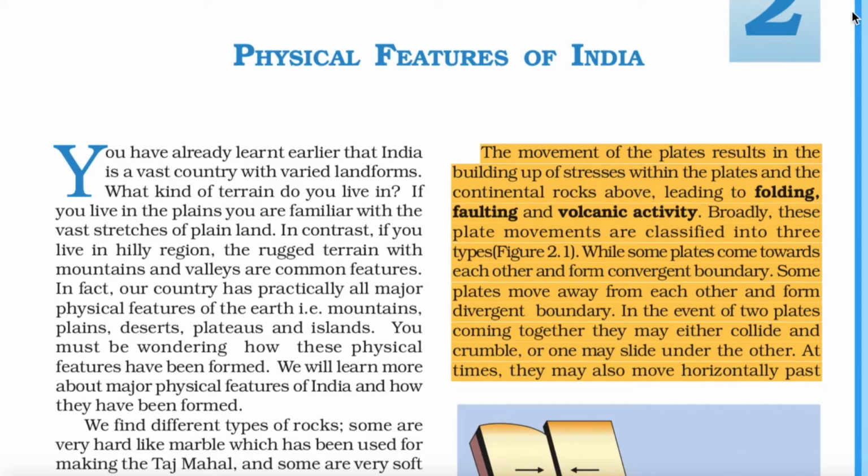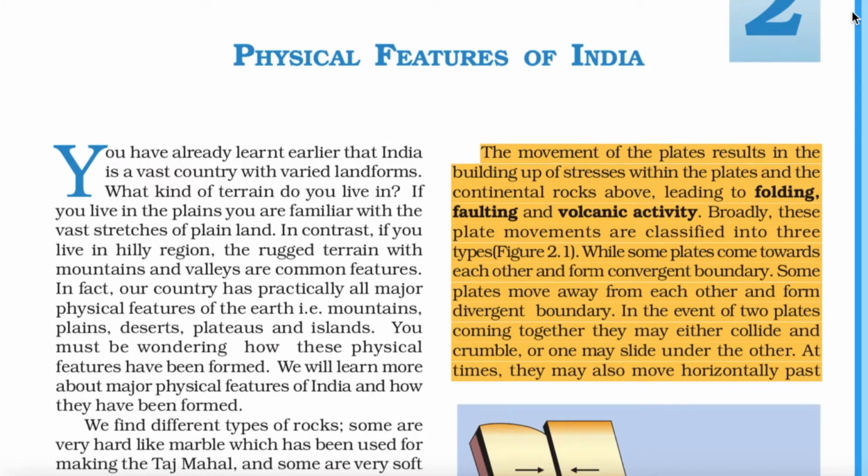Figure 2.1. While some plates come towards each other and form a convergent boundary, some plates move away from each other and form a divergent boundary. In the event of 2 plates coming together, they may either collide and crumble, or one may slide under the other.